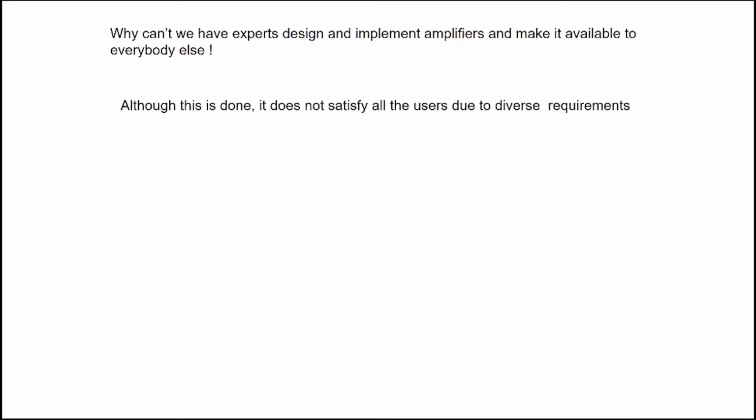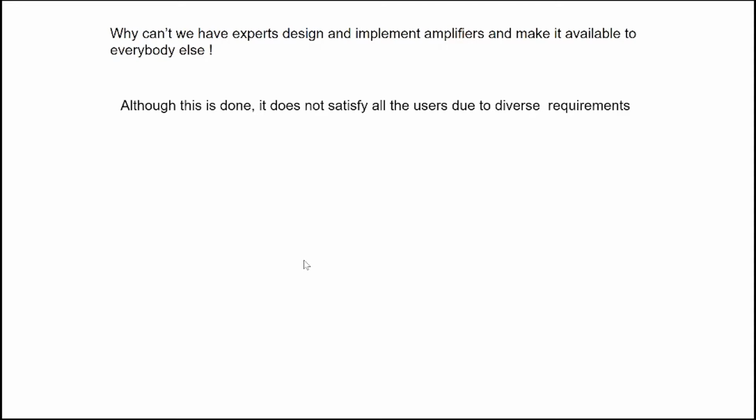So the point is, if there's a lot of demand for amplifiers from various kinds of applications, then the question is, why don't we have analog design experts who design and implement amplifiers and make them available to everybody else? Yes, it's possible, but the difficulty is that different applications and different people will have different requirements.